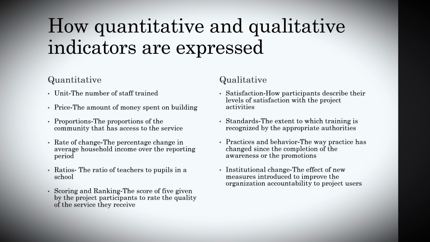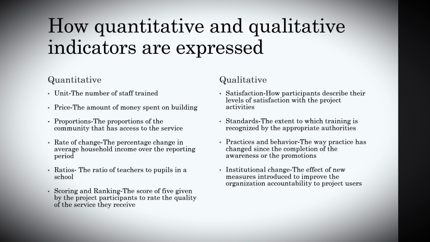Let's move on to how quantitative and qualitative indicators are expressed. Quantitative indicators are expressed as a unit, for example, the number of staff trained. They are expressed as price, the amount of money spent on building. They are expressed as proportion, the proportion of community that has access to the service.